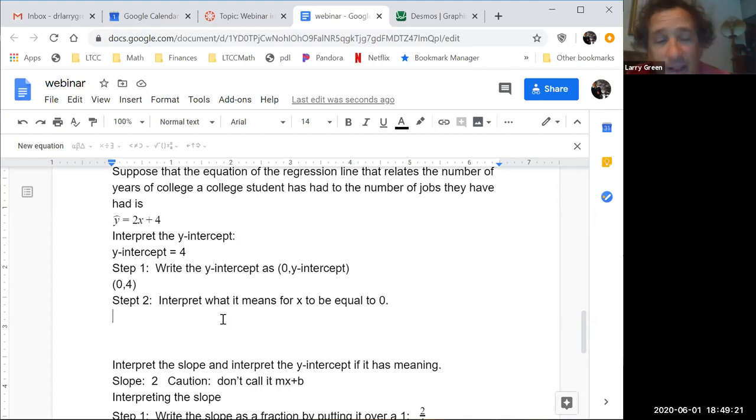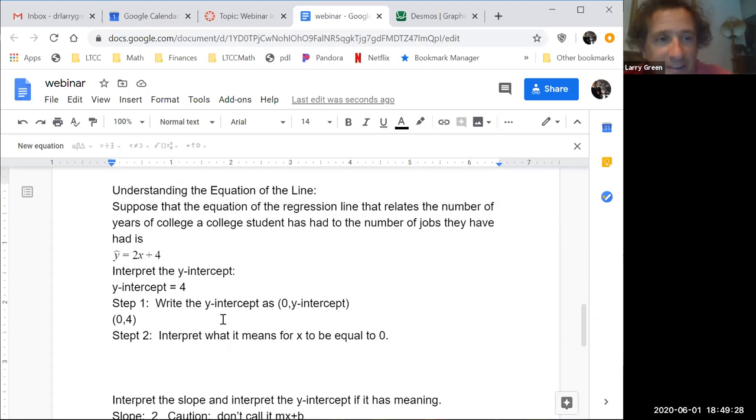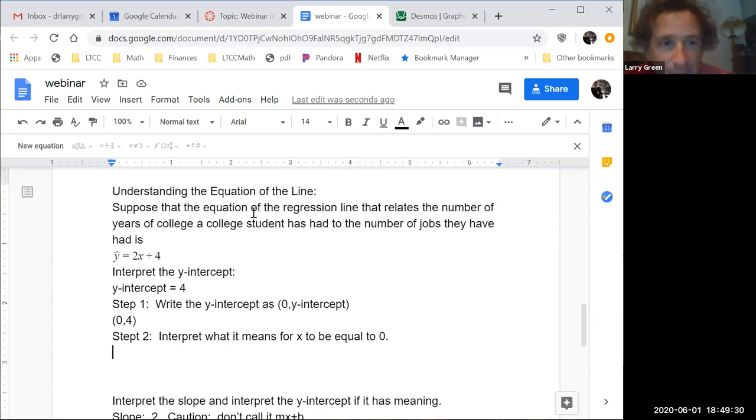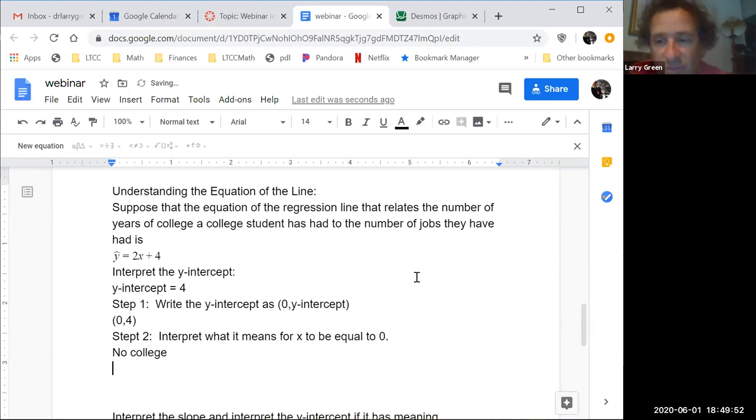Okay, it's directly on the y-axis, that's true, but that's not going to help. We need to see what it means in terms of the sentence. Let me read this again. Suppose the equation of the regression line relates the number of years of college a college student has had and the number of jobs they've had. It's true that it hits the y-axis, but that's not going to help us. Better is no college. So they're just starting out. They haven't had even a year of college yet.